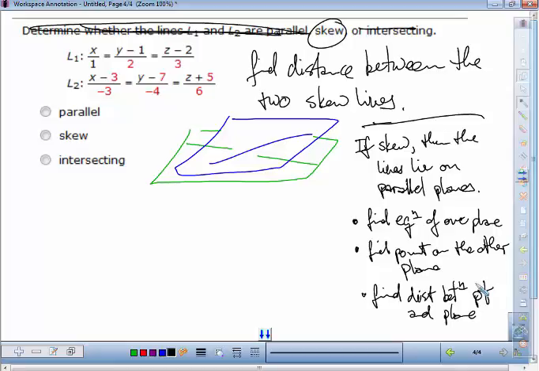All right? So it seems like the first task might be the toughest one. So we know that the normal vector is the same.